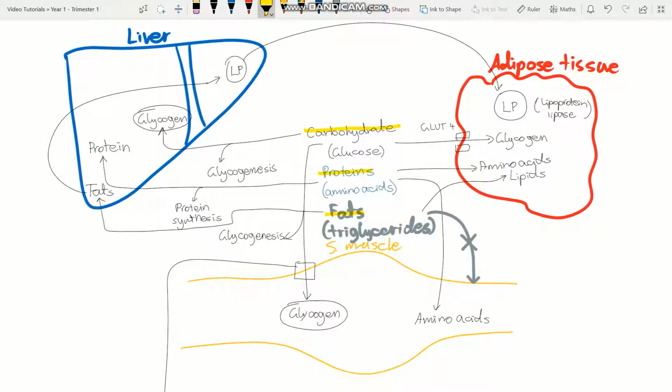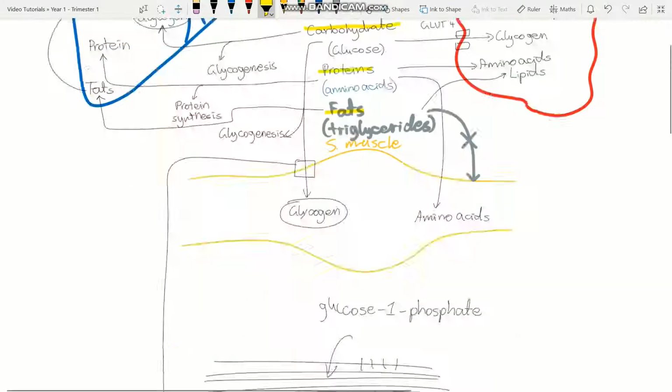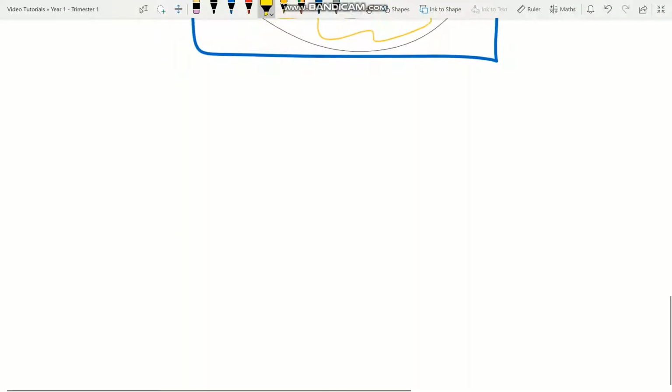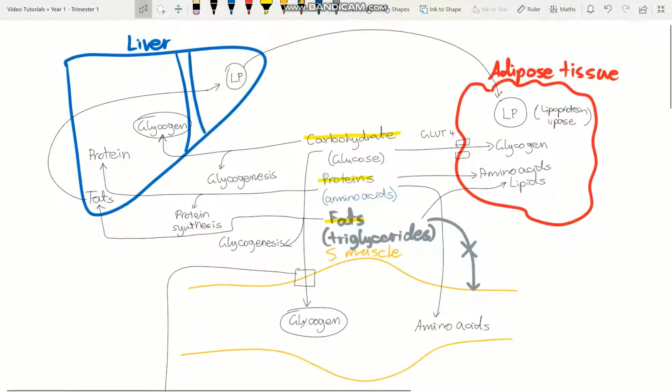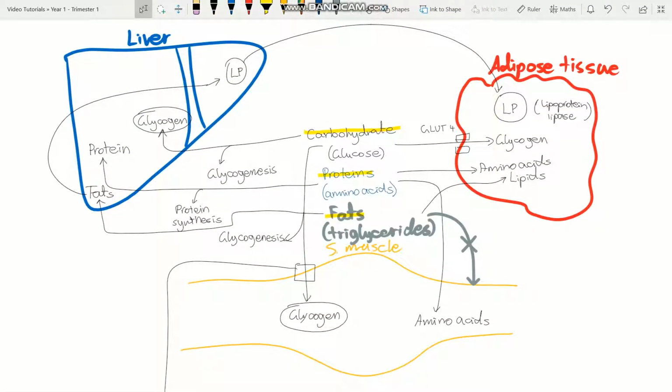Now, there are many further processes that can occur after this, including glycolysis, the formation of bile salts, which can be used for further digestion, and many, many other processes that the body can use to create energy and essentially go about its daily business. But in terms of the fed state and the storage of nutrients, this is the very bare bones overview of what happens in the body.